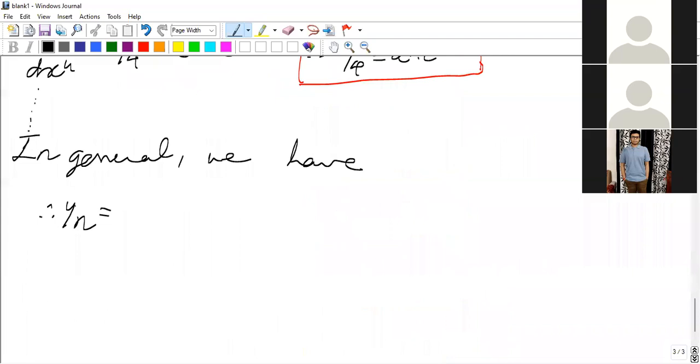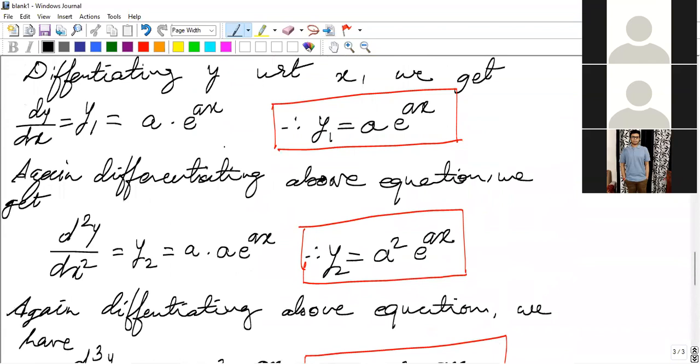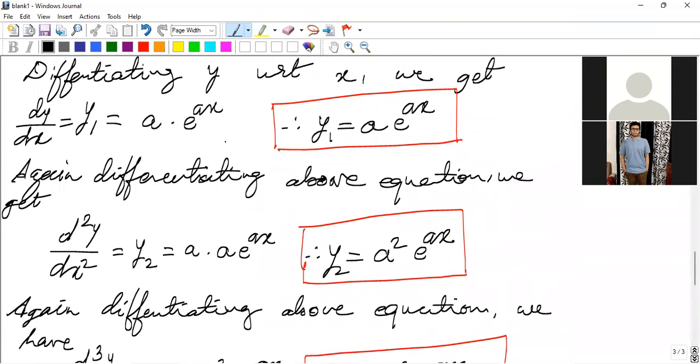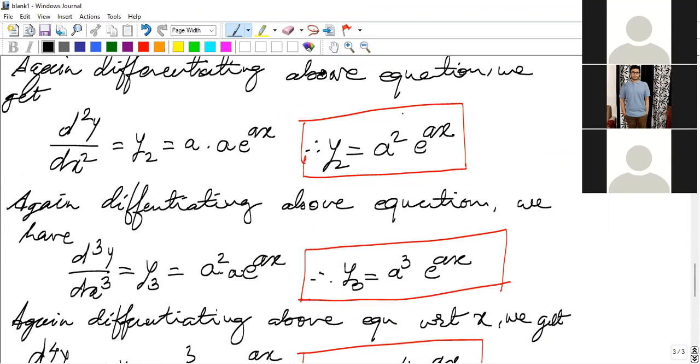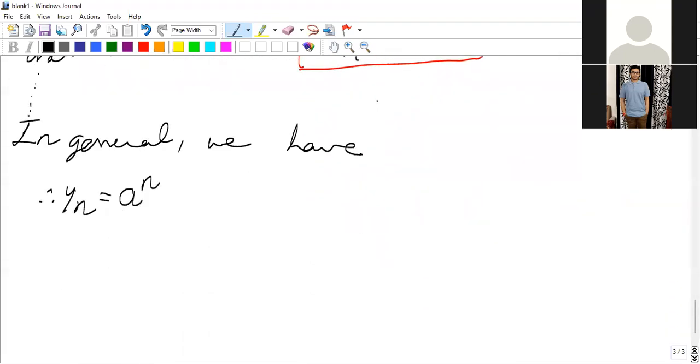A raised to n. Yes, a raised to n. Whatever the number of derivatives we have, that many a's we will have, and if we combine them, that will be the power. So first derivative, first power; second derivative, second power; third derivative, third power; fourth derivative, fourth power; and nth derivative, n power.